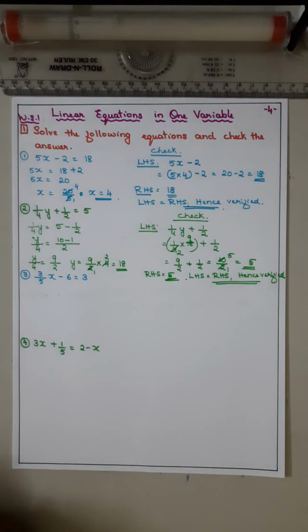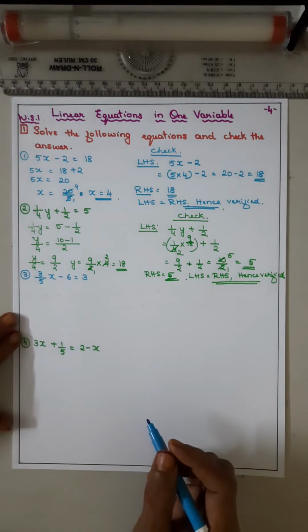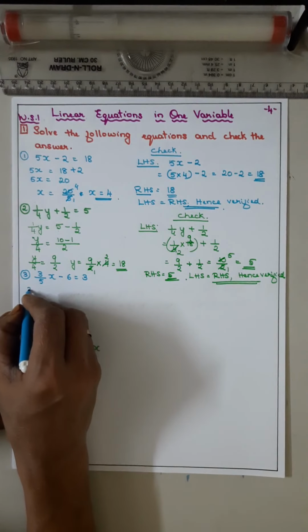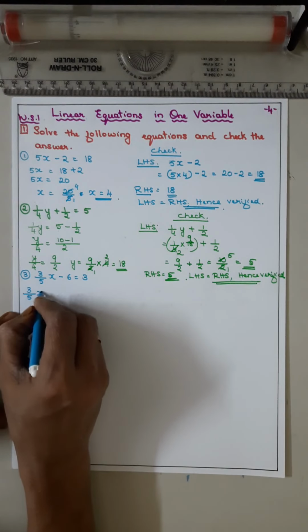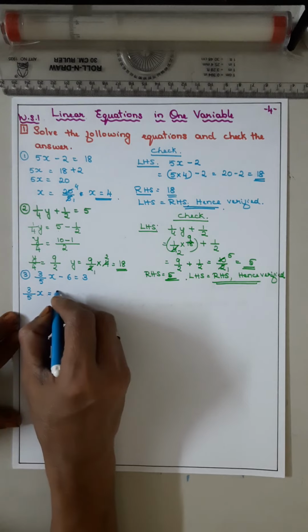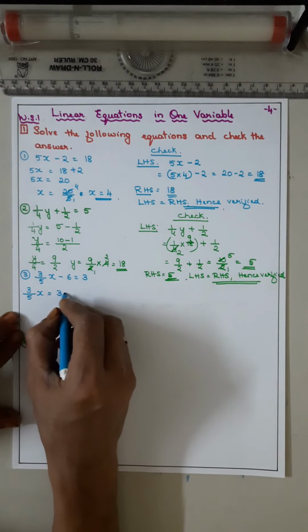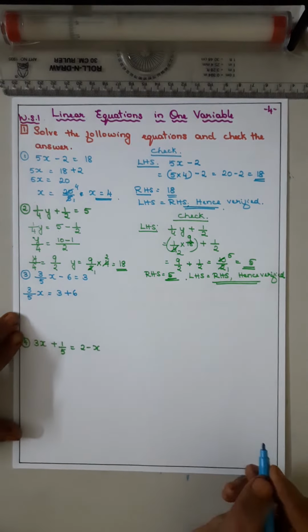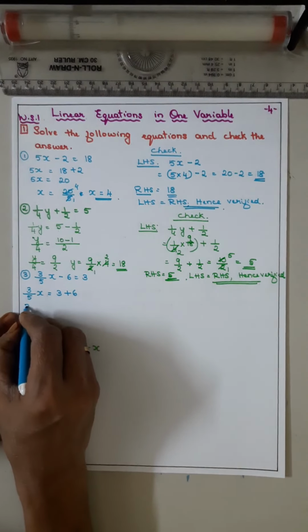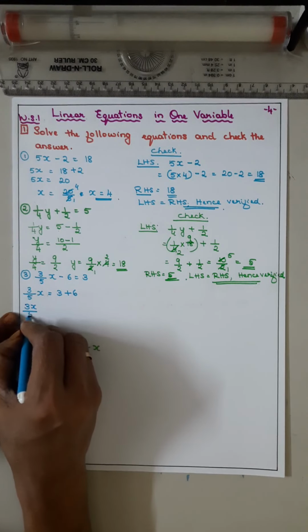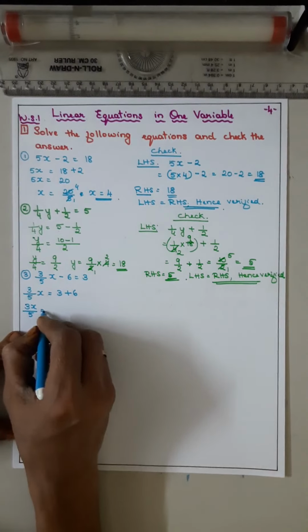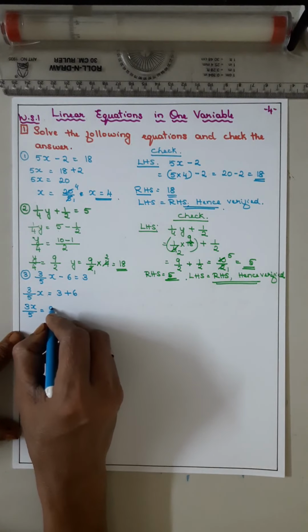Now coming to the third sum, 3 by 5x minus 6 is equal to 3. So 3 by 5x, keep it on the left side. Minus 6 becomes plus 6. Now 3x by 5, isn't it, is equal to 3 plus 6 is 9.